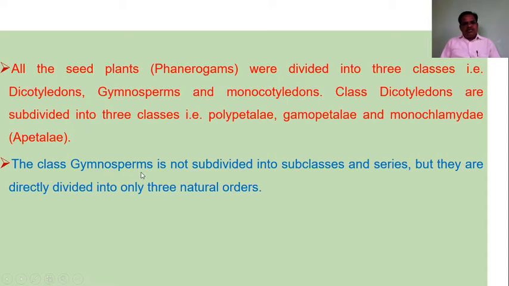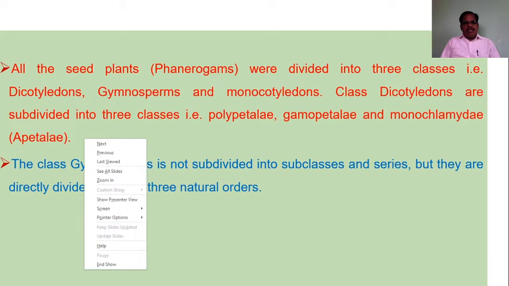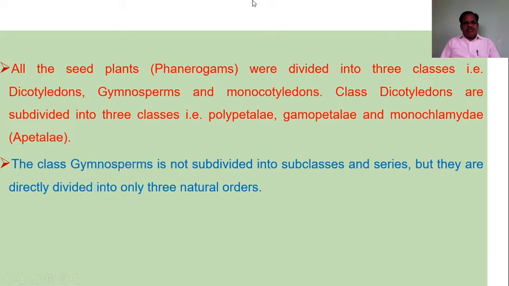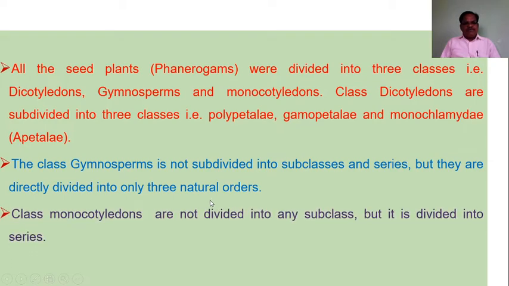One more thing, they have single fertilization, whereas the angiosperm has double fertilization. The Gymnosperm is not subdivided into the subclasses and series, meaning the classification of the Gymnosperm is not proper. They are directly divided into the 3 natural orders.